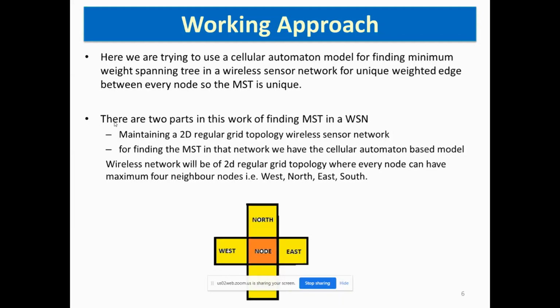In our wireless sensor network, as we have bigger grids, a node will in general have 4 neighbors, as you can see in the slide itself: west, north, east, and south.